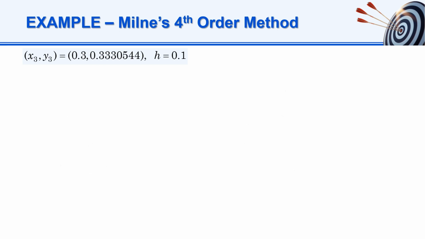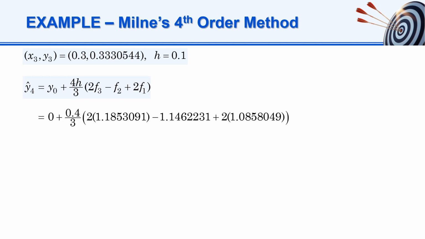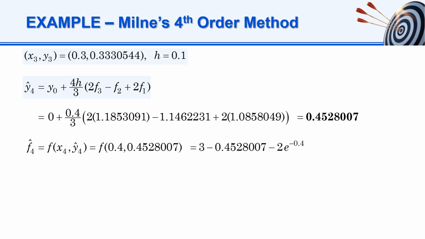The predictor step makes use of F1, F2, F3, and Y0. The prediction value y hat 4 is found as 0.4528007. The corrector step needs F hat 4 along with Y2, F2, and F3. The F hat 4 value is obtained as 1.2065592.